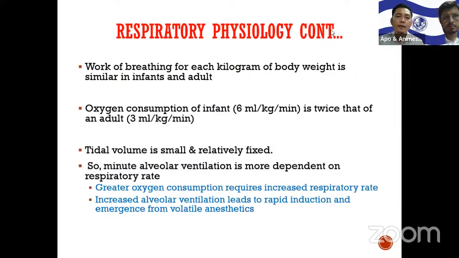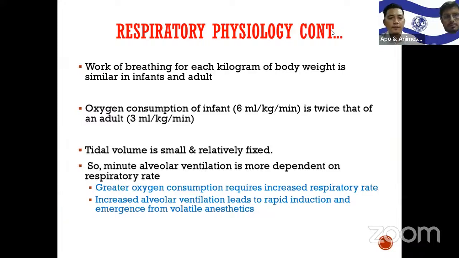The work of breathing for each kilogram of body weight is similar in infants as well as adults, but the oxygen consumption of an infant is twice that of an adult, which is 6 ml per kg per minute in infants and 3 ml per kg per minute in adults.